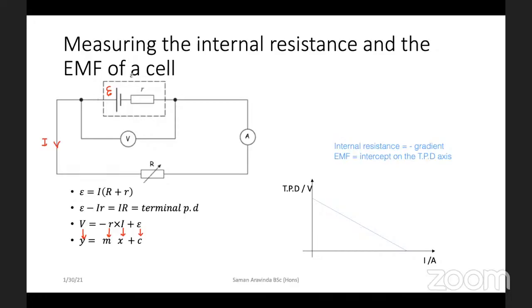Usually when we do this experiment, the same set of data is used for another experiment. That is what we have to learn at the end: the maximum power, internal resistance, and load resistance relationship. When we do this experiment, we know the potential difference and current through the circuit. So we take the power output of the variable resistance, the external resistance, and draw it against the external resistance.